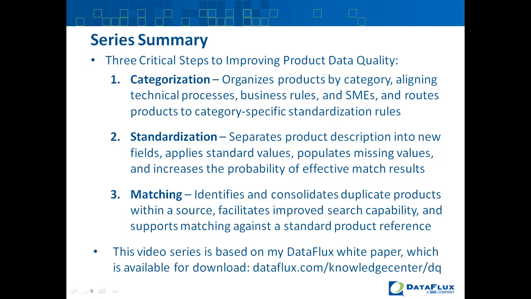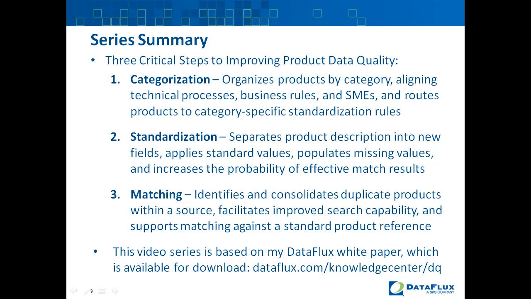So therefore, because there are legitimately multiple standards potentially to be applied to your products, having your standardization process designed as modular as possible will allow for a more plug-and-play architecture to improve the reusability of the standardization components that you build in your product data quality projects.